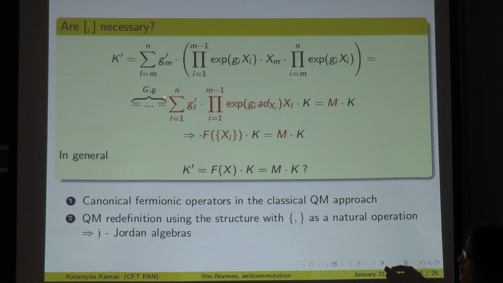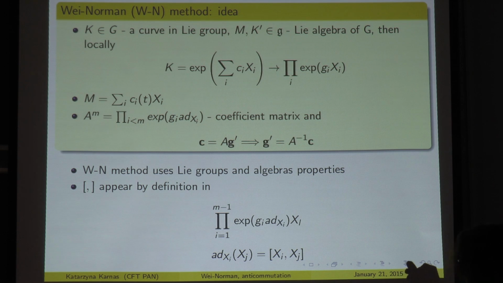In the case of Lie groups and Lie algebras, F equals this. And then the Wei-Norman formula consists in comparing this factor and the matrix M. And this is exactly this equation.